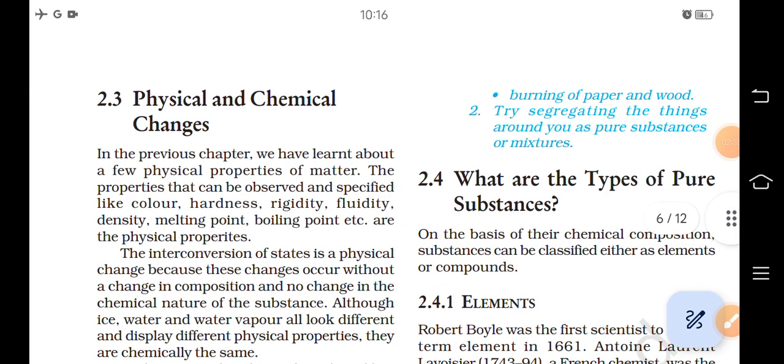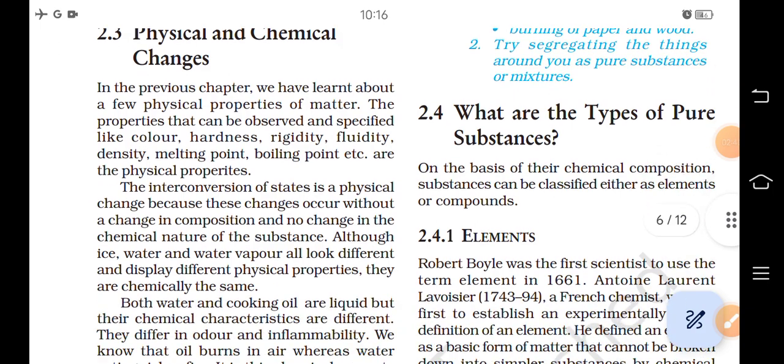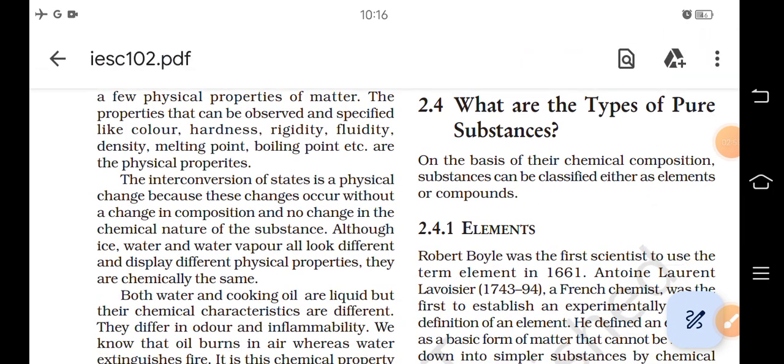Physical and chemical changes. In the previous chapter, we have learned about a few physical properties of matter. The properties that can be observed and specified, like color, hardness, rigidity, fluidity, density, melting point, boiling point, etc., are the physical properties.